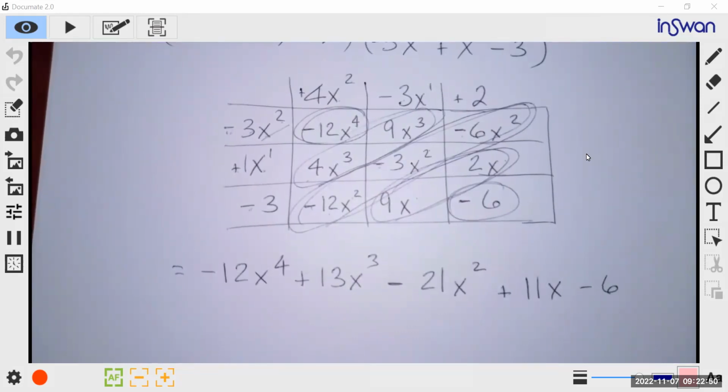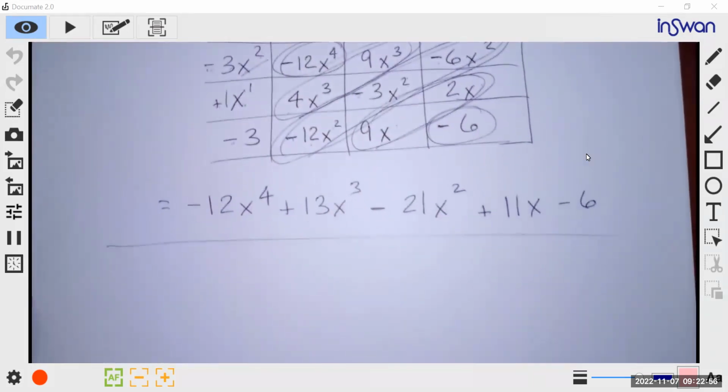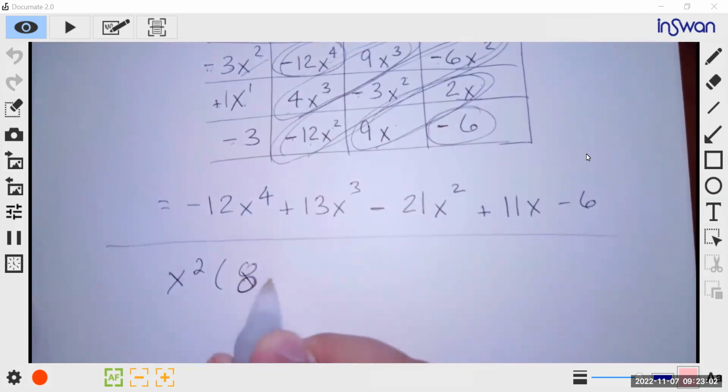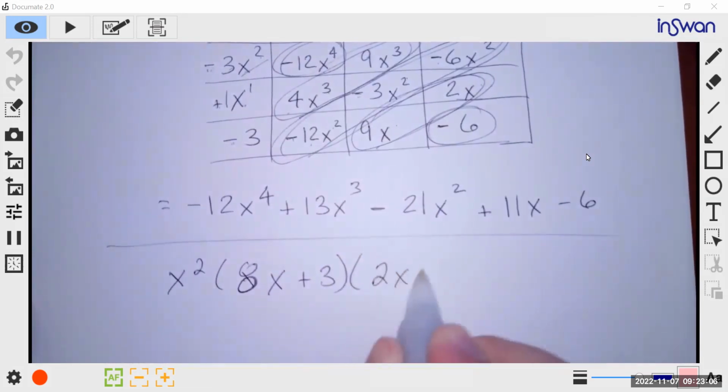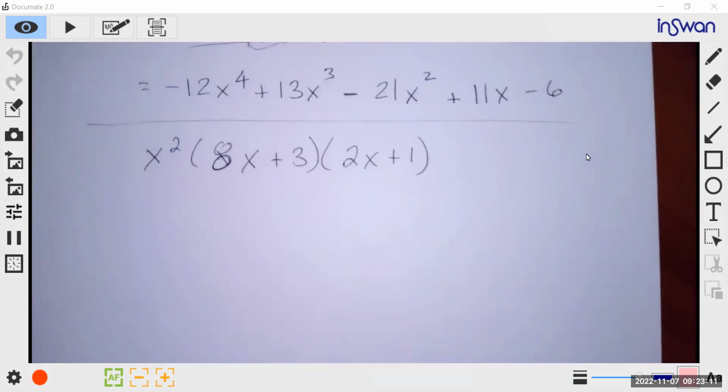So that's how that works. Doesn't matter how big or how small. I mean, even if I gave you this equation, what if I gave you something like this?